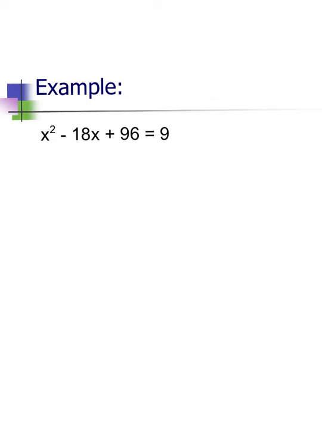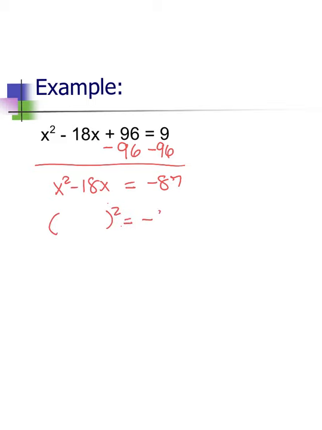Last example. Again, first thing I want to do, letters on the left, numbers on the right, so I'm going to subtract 96 from both sides. So I get x squared minus 18x equals 9 minus 96, which is negative 87. Now I'm going to set up with my parentheses, equals negative 87 plus blank.